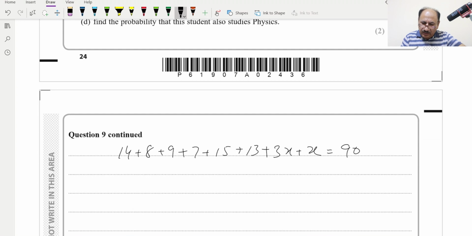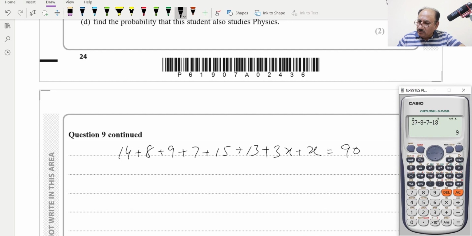We will add all these terms, and this will give us 14 plus 8 plus 9 plus 7 plus 15 plus 13 is equal to 66.